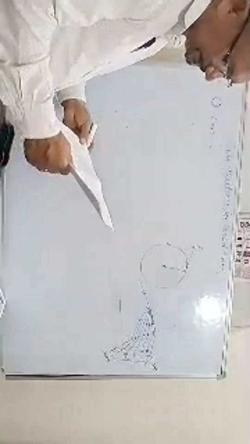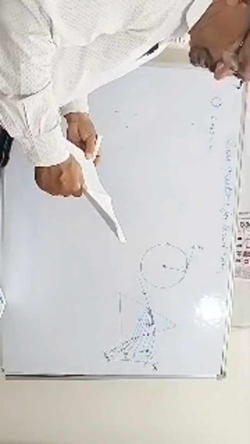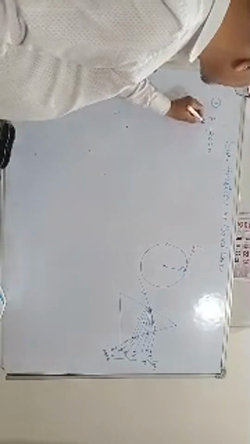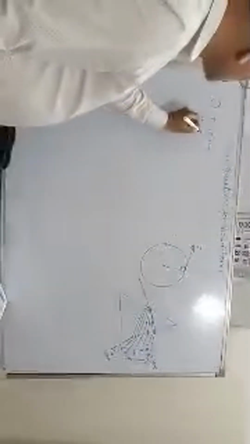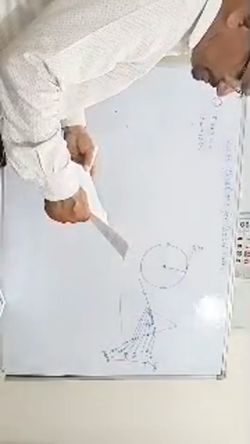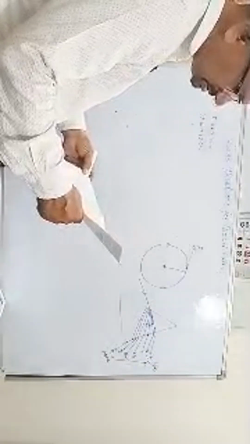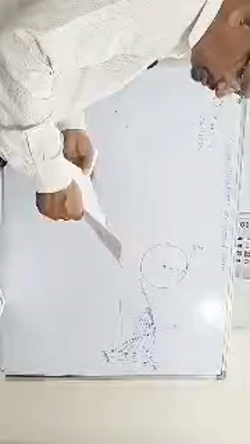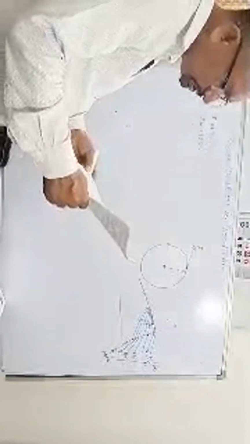The image is on the screen, so the image distance v is a real image, plus 60 centimeter. If half of the lens is covered with opaque paper, what happens to the image?